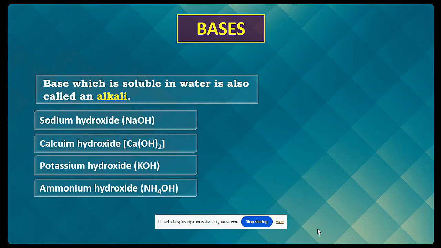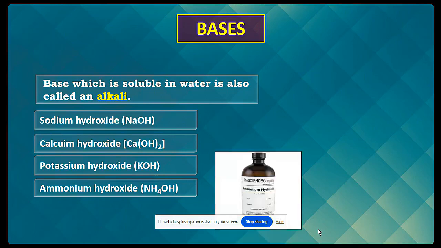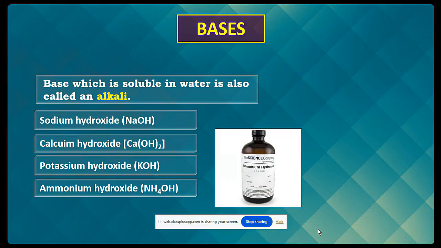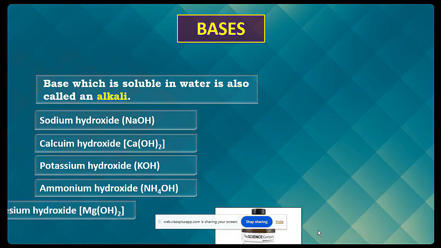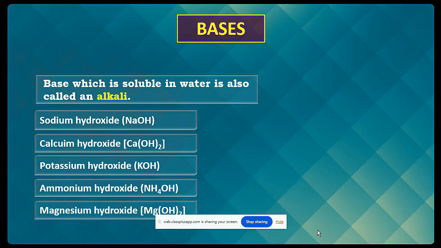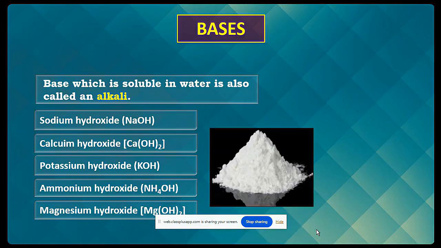Ammonium hydroxide, NH4OH, is the weak base among all the bases. Magnesium hydroxide, Mg(OH)2, is also known as milk of magnesia. So these are the chemical bases we have seen, and then we'll move to the identification of strong base and weak base.